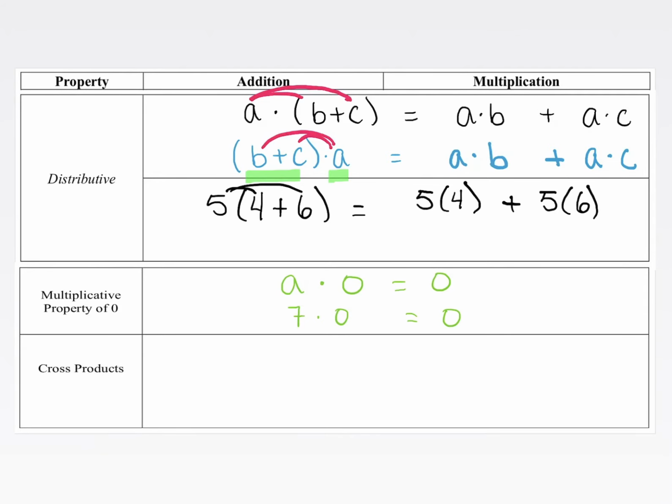Last but not least, we have cross products, the cross product property. Now, sometimes people might see this referred to as cross multiply.